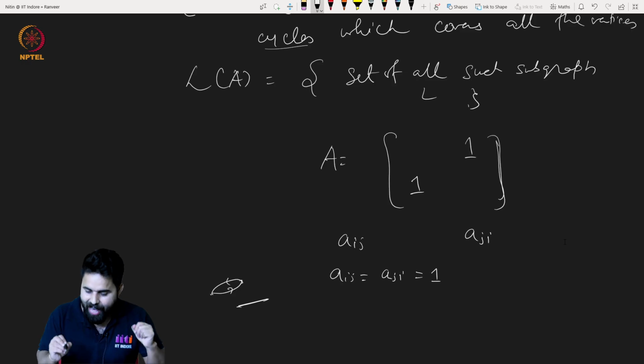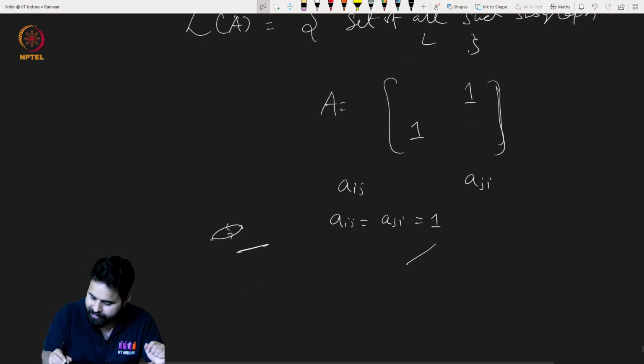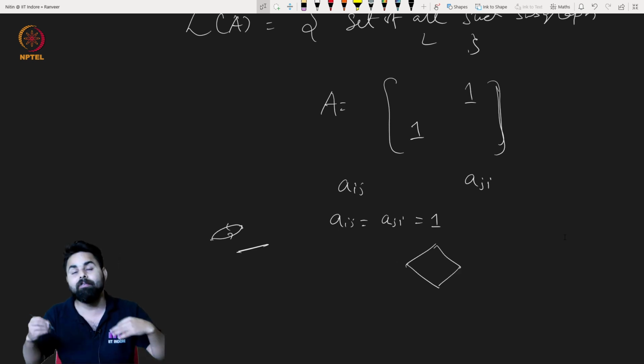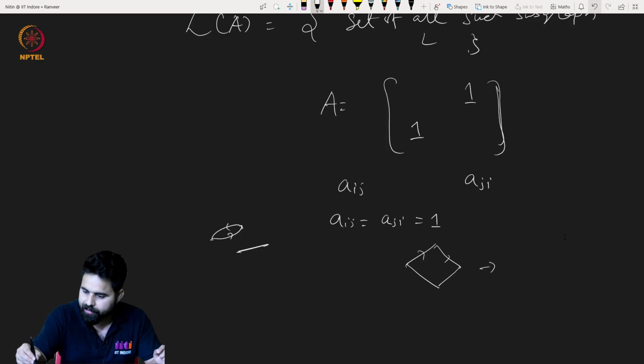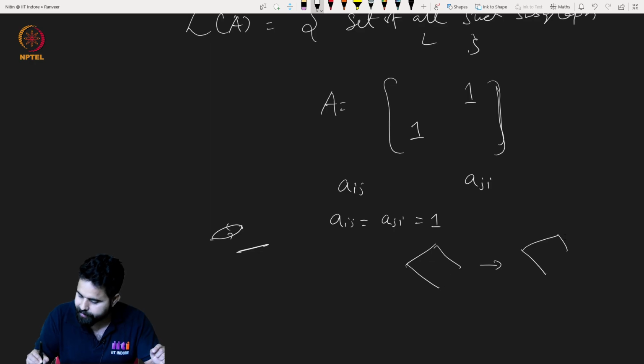Another thing is this. If you take any cycle in the graph, there will be 2 directed cycles corresponding to it. One will be clockwise and the other will be anti-clockwise.